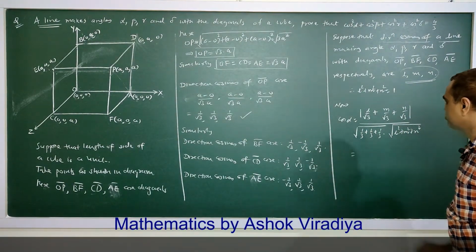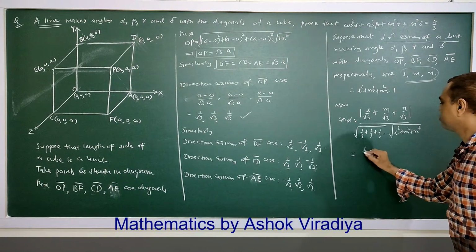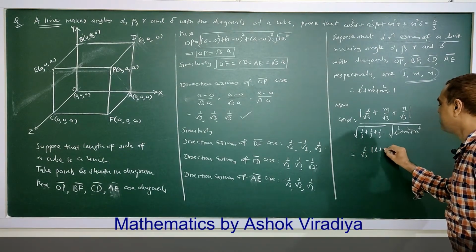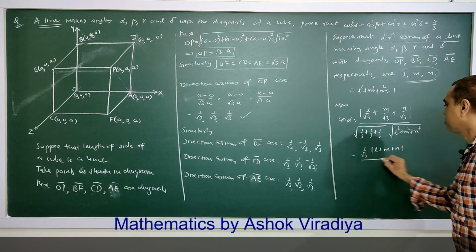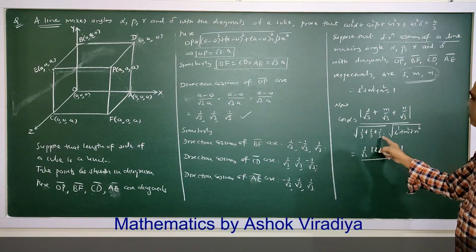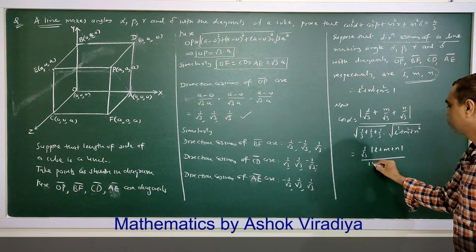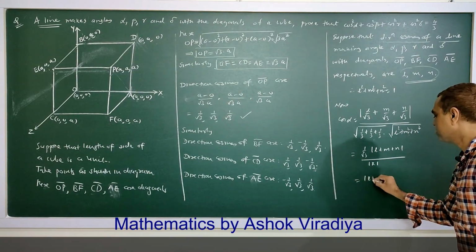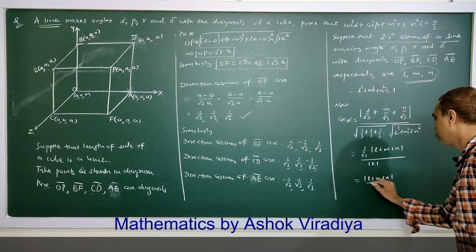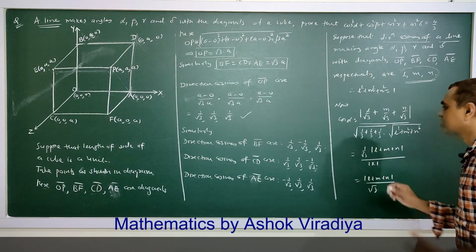So this is equal to 1 by root 3 modulus L plus M plus N upon, this is 1 into 1, this is also 1 into 1. So modulus L plus M plus N upon root 3, this is cos alpha.